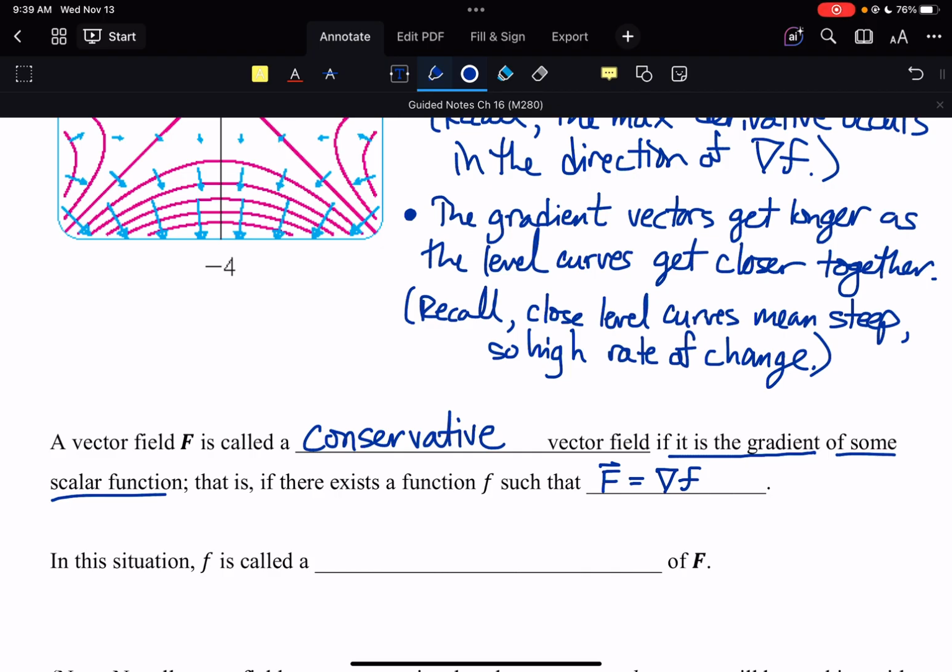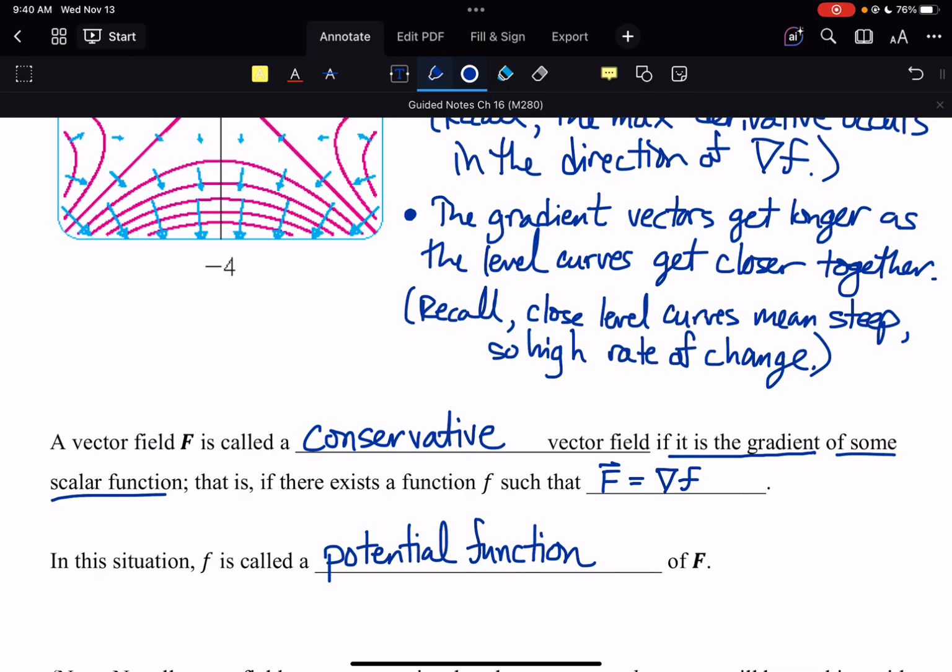If our vector field can be written as a gradient, we say it is conservative. In this situation, little f is called a potential function of F.